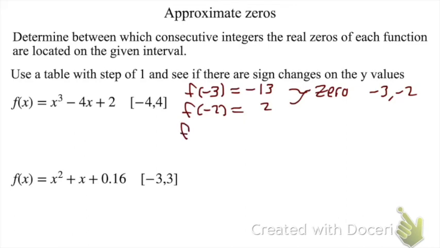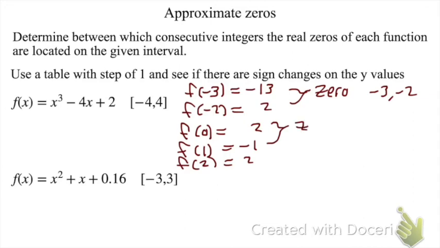Going further on your table, you get f of 0 is 2. F of 1 is -1. And f of 2 is 2. Between these two, we go from positive to negative. So there must be a 0 somewhere between 0 and 1. And then we change signs again from -1 to 2.